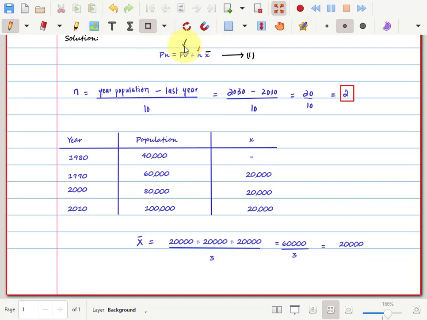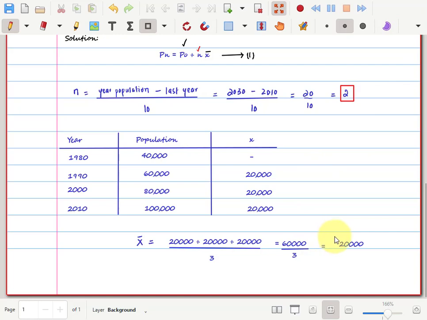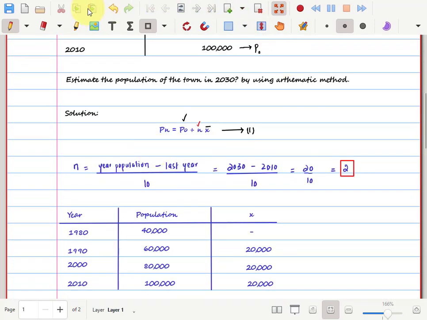So I think now we got everything which was required in the formula to find out the population in year 2030, right? So we were supposed to find P naught. We got it. N, we got it. X bar, we got it. We got all the three things. Now we are just going to put all those three things.